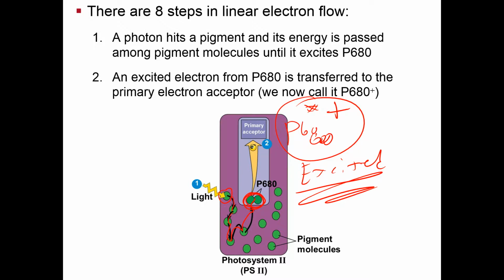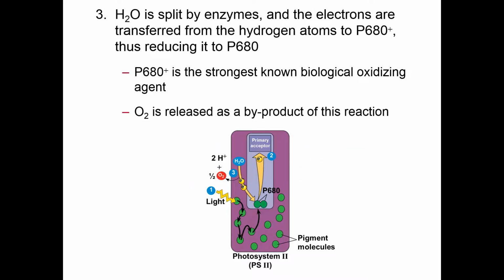It's absorbed light energy. It's captured light energy. Well, there's a problem, because now there's been a loss of electrons from your original pigment molecules. So they have to be replenished.